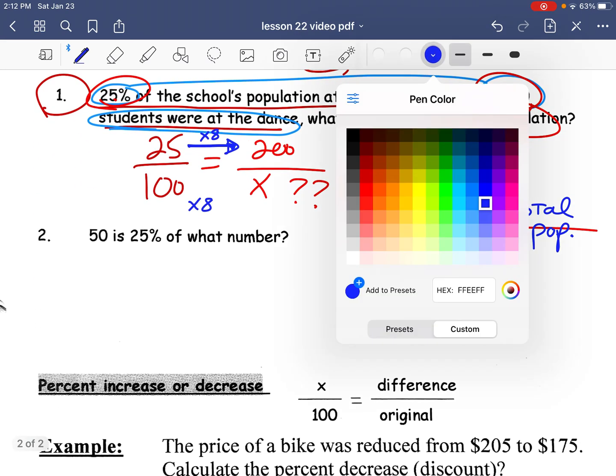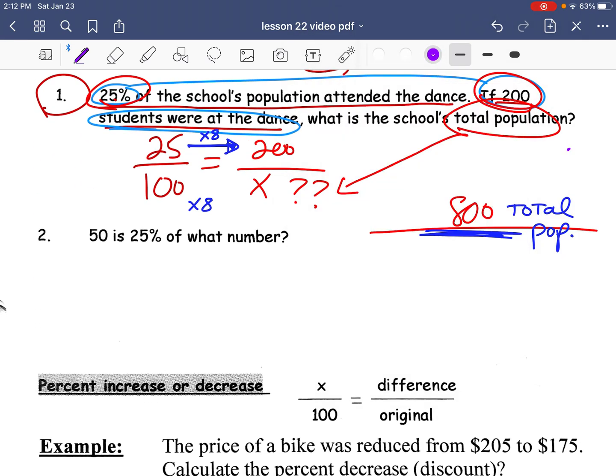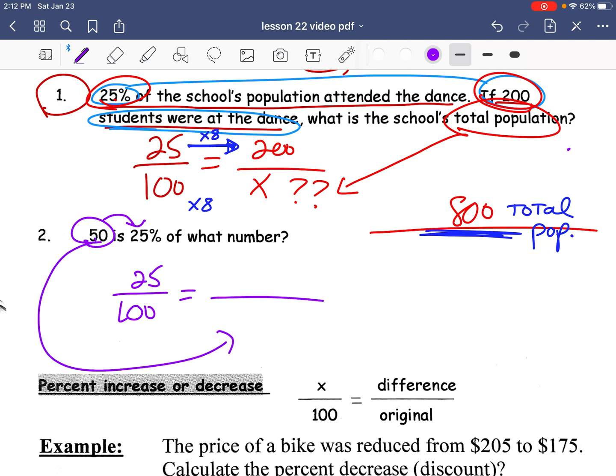Next question: 50 is 25% of what number? They're telling you that 50 is 25%. Super easy. 25% on 100. And that 50 is not the total. It's actually representing just the little 25% that you have here, so it goes on top.